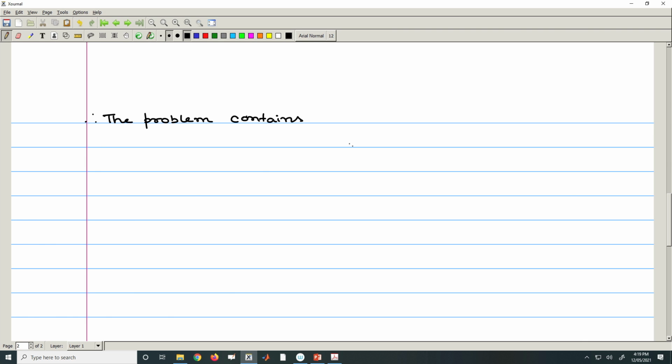Therefore, the problem contains two homogeneous regions, that is, one when x is ranging from 0 to d, and the other when x is ranging from d to a.